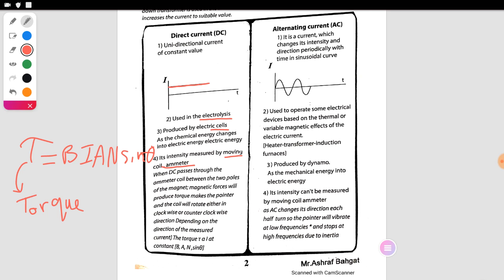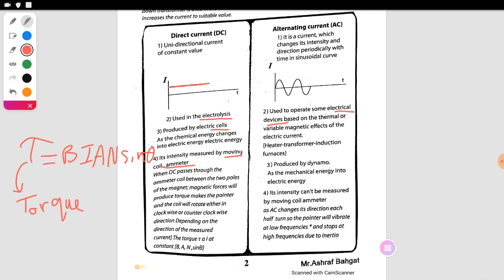While alternating current can be used in some electrical devices based on the thermal effect or the variable magnetic effect of the electric current. Examples: heater, transformer, induction furnace.